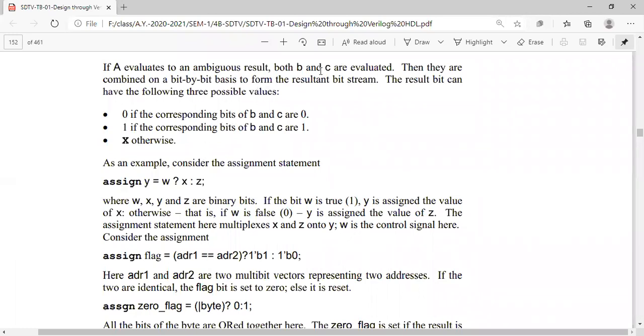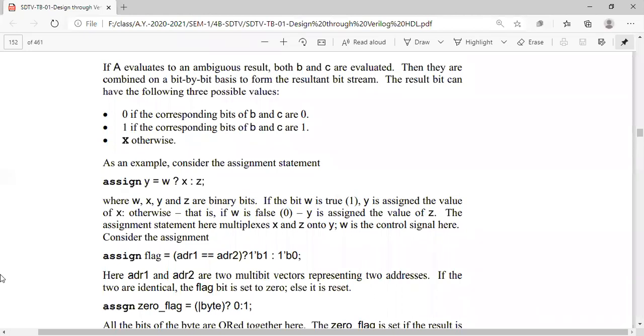Both B and C have to be evaluated. Then they are combined on a bit by bit basis to form the resultant bit stream.